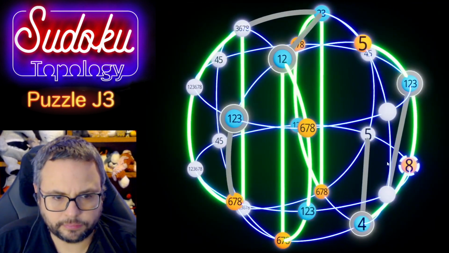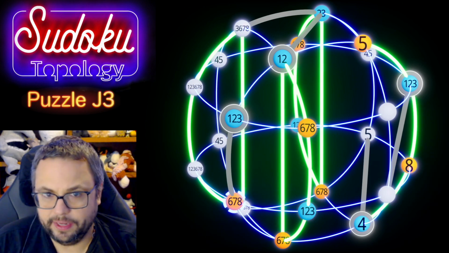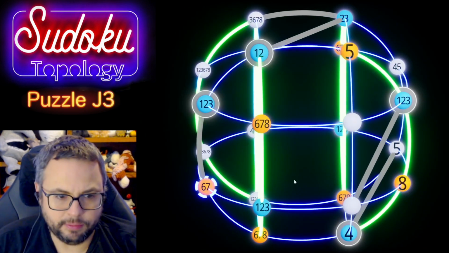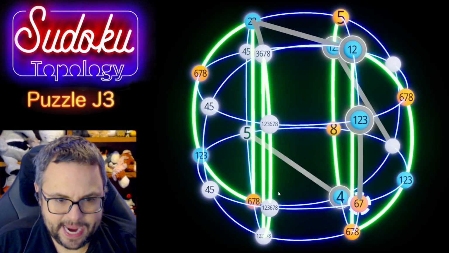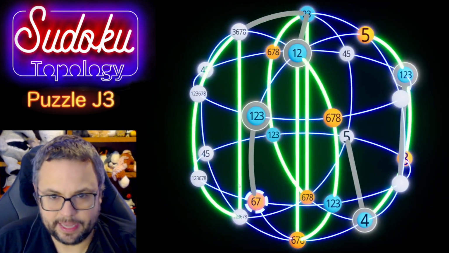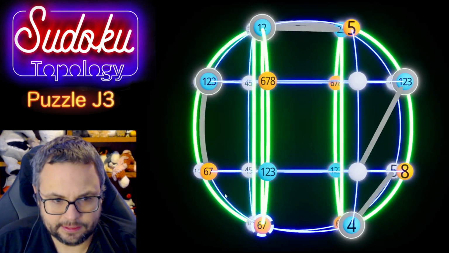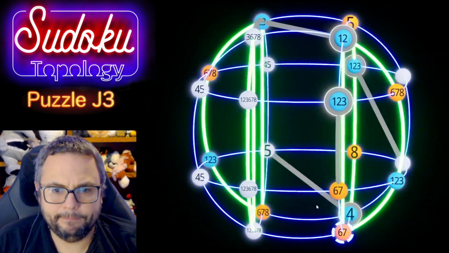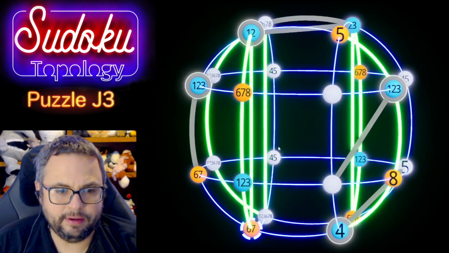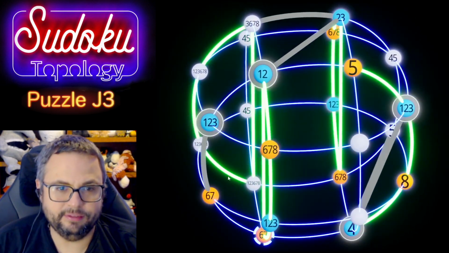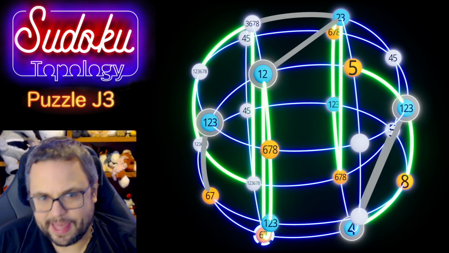So that is hugely handy. Let's try and remove 8 pencil marks from the cells that now can't be 8. That can't be 8. This can't be 8. Okay, so that now gives me... Oh, I was going to say gives me a 6-7 pair in this, but that's the one with the 8.